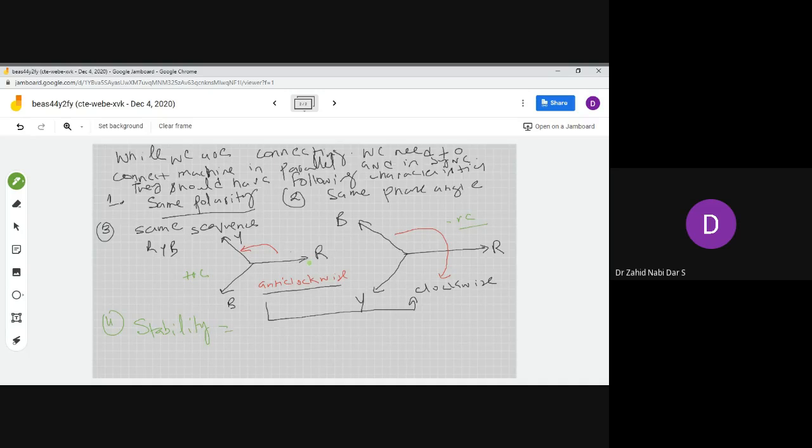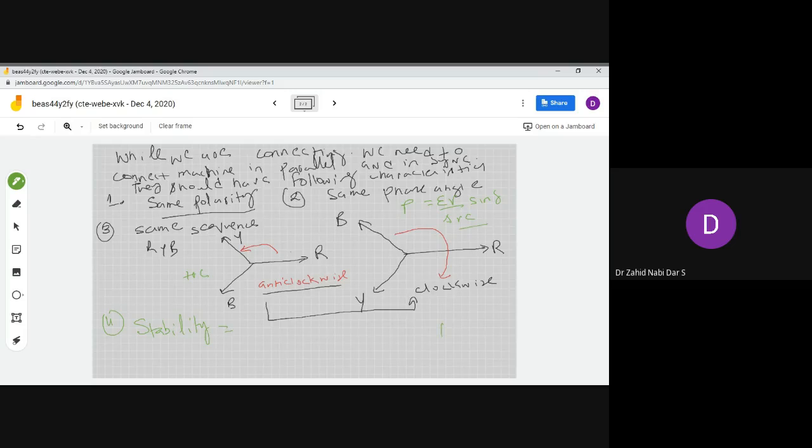A machine with a low value of SCR has a lower stability limit. Why does it have a lower stability limit? Because of the maximum power output of the machine. Power is equal to EV/X sine delta. This is the power that we generate in the synchronous machine.